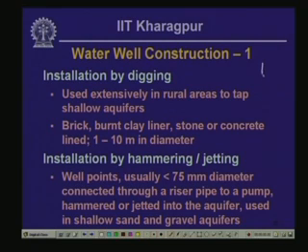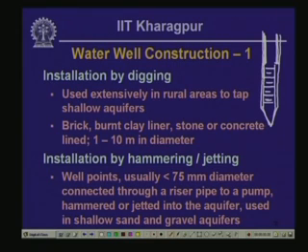So, a well point is essentially a perforated section of well casing with a conical tip like that, and this particular segment has perforations, and then this well point is connected via adapters to casing tubes, and this entire assembly is hammered into the ground.